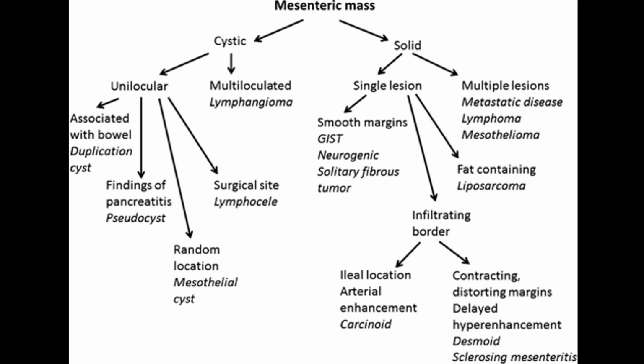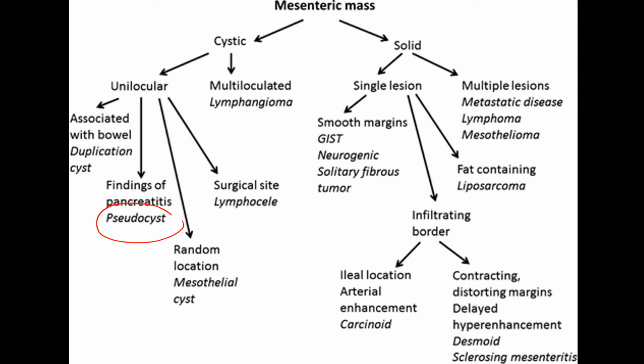Similarly, in cystic lesions, we have to see whether it's unilocular or multilocular. Now with a history of pancreatitis, always we think of a pseudocyst. Now that is excluded. So if there is no history of pancreatitis, there are no features of pancreatitis or chronic pancreatitis, then we have to think of other things.